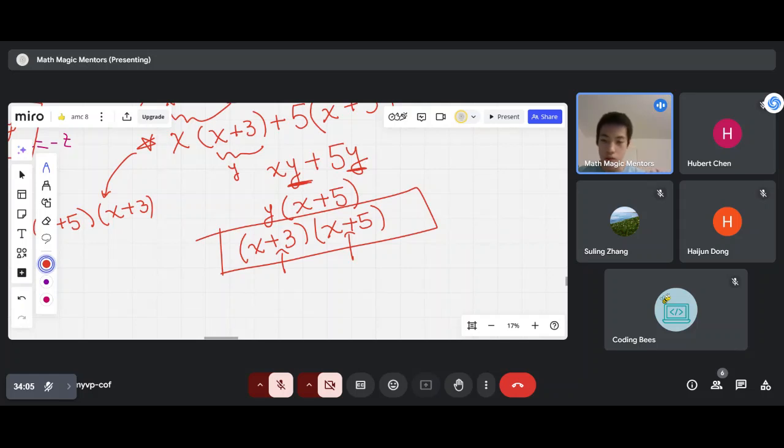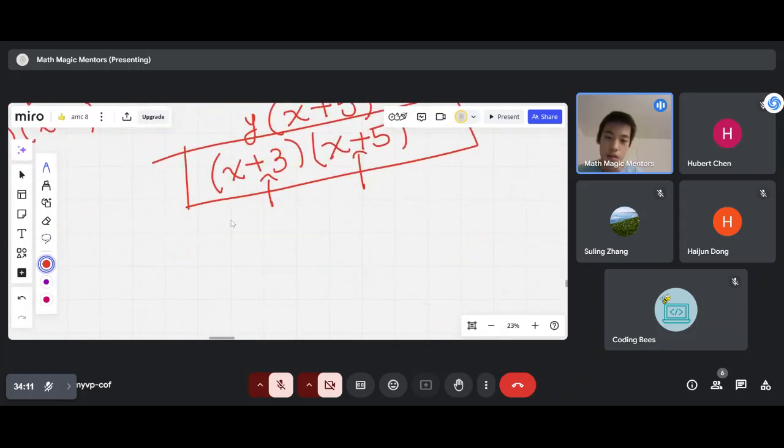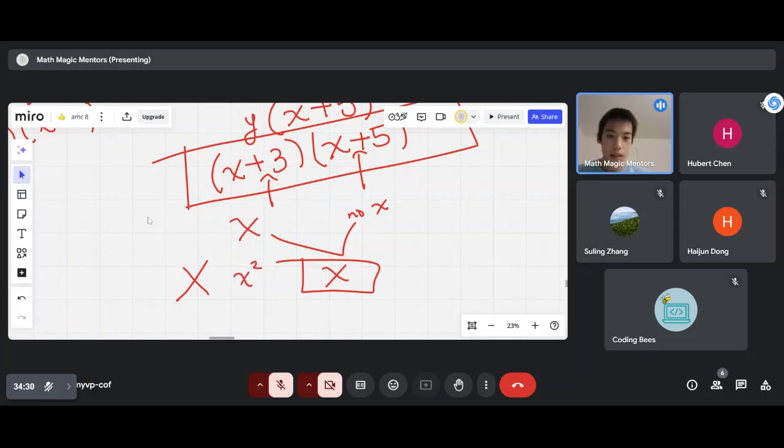So 5x squared, 3x squared, negative 3x squared, right? If you have x and then no x, you're at most going to form a term of x. So you're not going to find something like x squared. That's something very important to note here.